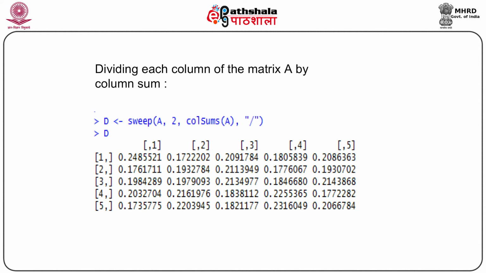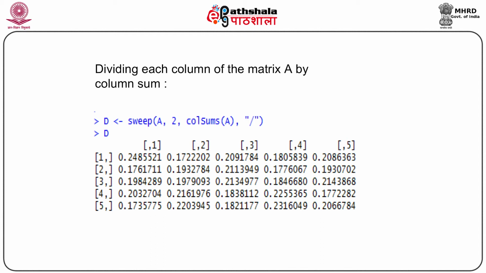Here is another similar kind of example. Here we are dividing each of the elements of matrix A by their column sums. Here in both the examples the margin is equal to 2, that is, these are for the columns.